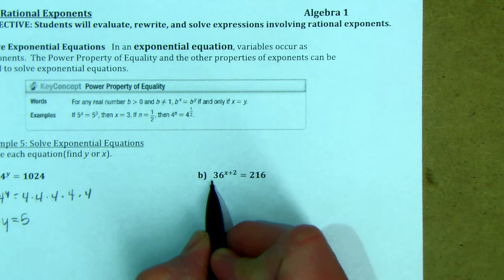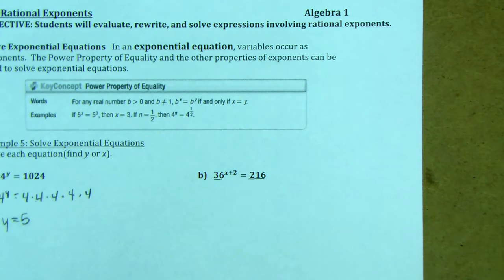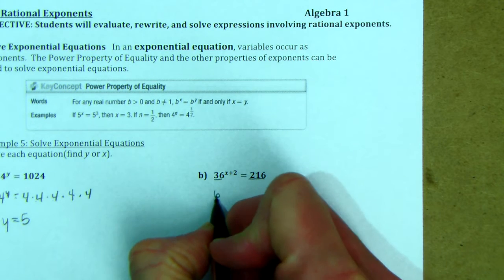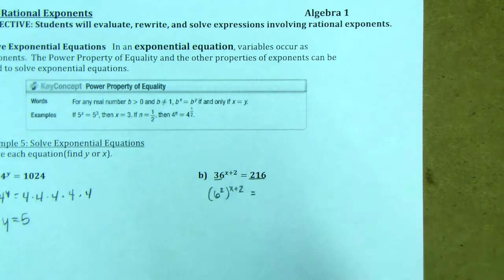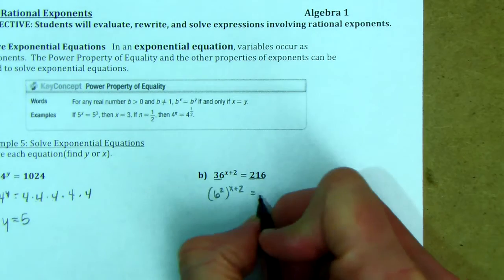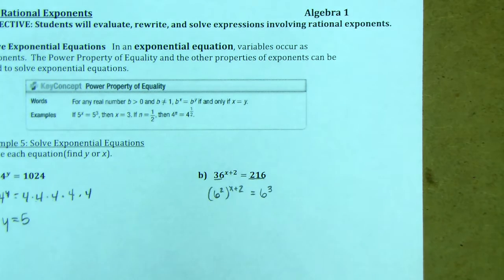And I'll tell you, it has something to do with these two. We need to write 36 and 216 as powers of the same base. Now 36, hopefully we know, is 6 squared. And 216 is 6 to the third.